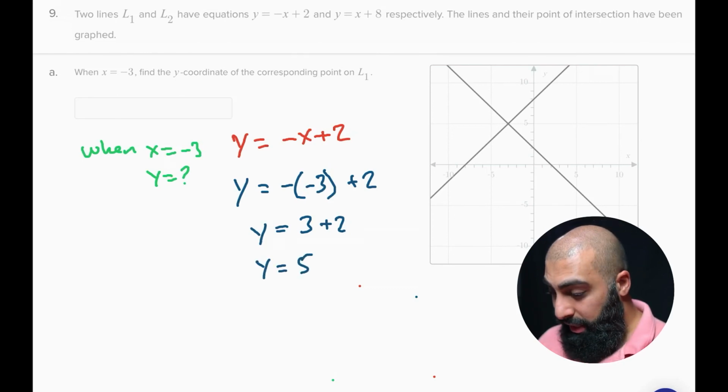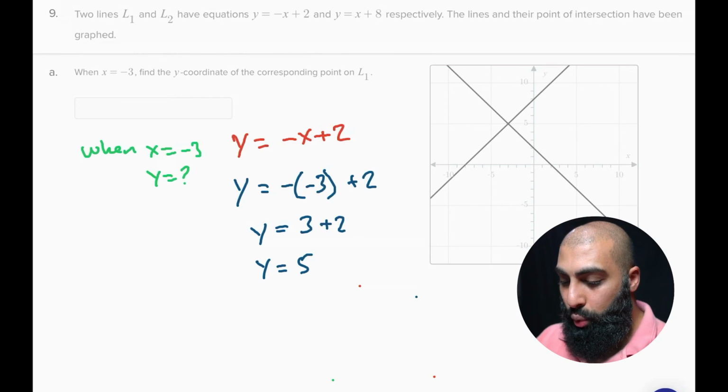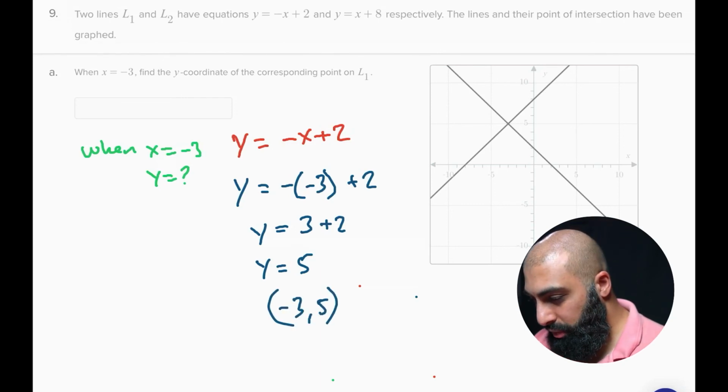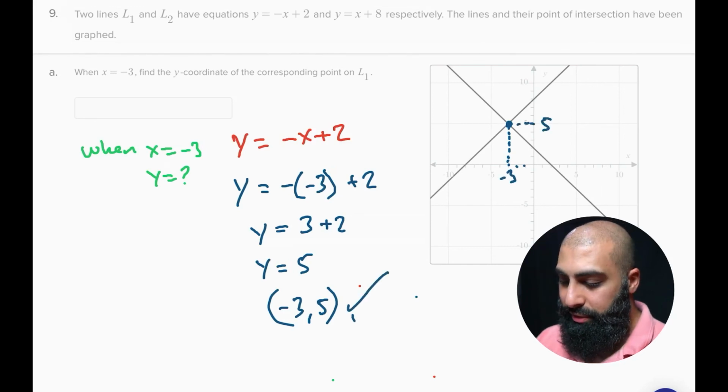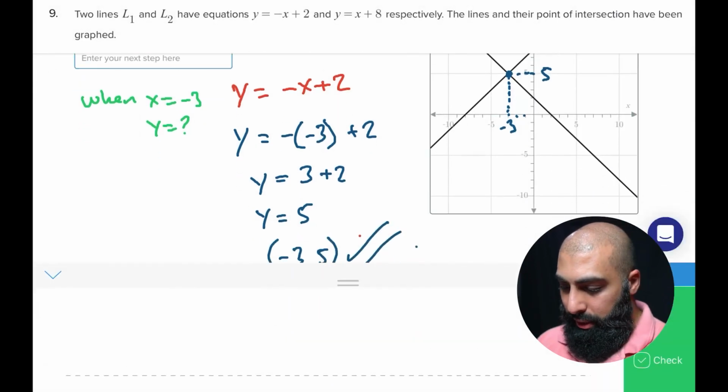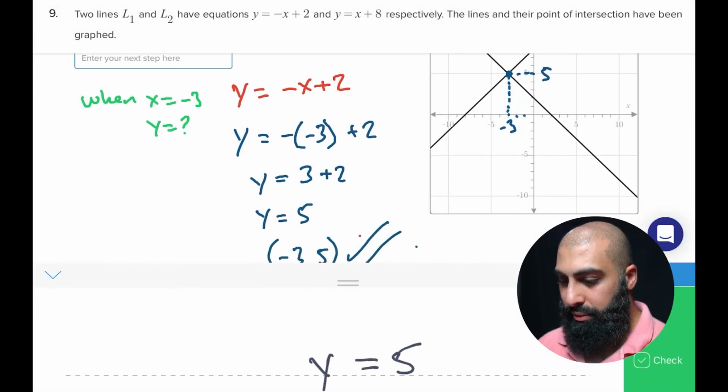Let's look if that is the case. We have a coordinate of -3, 5. Let's look on the graph. When x equals -3, we end up getting a y value of 5. I can confirm that that is correct from the graph. So let's put that value in then. We get y is equal to 5.